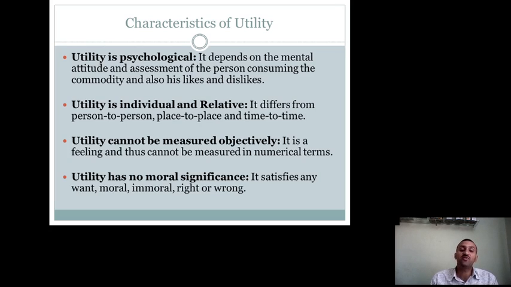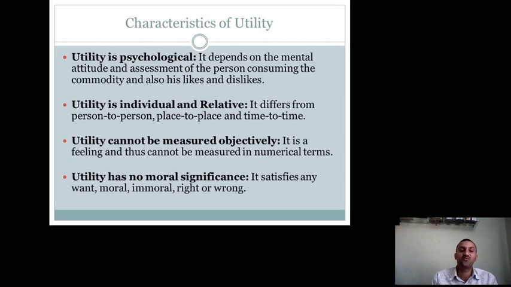The utility, the satisfaction he gets, cannot be measured in numbers, because it is an inner feeling, and to calculate inner feelings there is no such instrument. So utility cannot be measured objectively; it is an inner feeling.